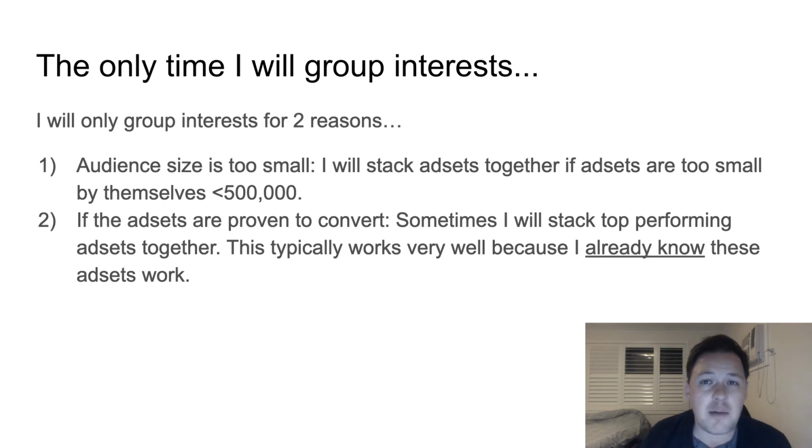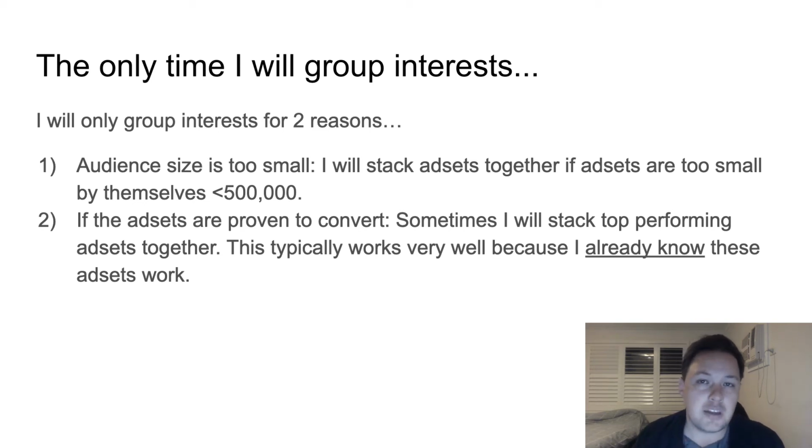The only time I will ever group interests is for 2 reasons. One is that the audience size is too small. I usually try and go for big, large audiences, 1 million plus. I've always found that the smaller you go, the more the frequency score goes up, which means people are being shown your ad more and more.